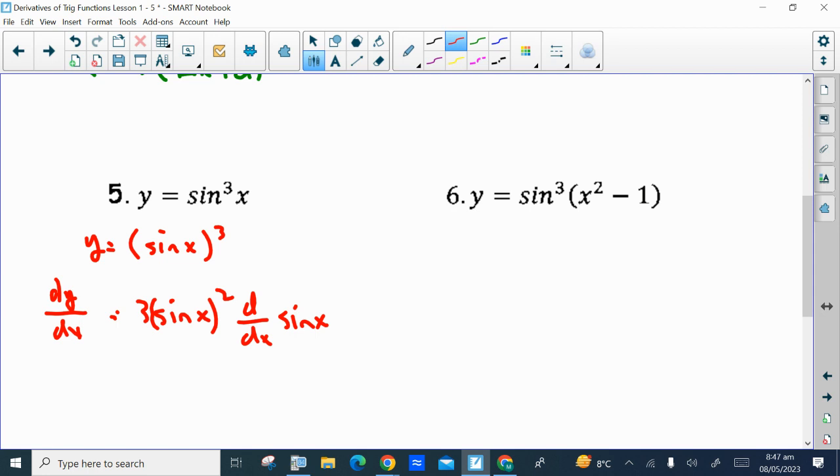And the derivative of sine, again, is cosine. So you're going to have 3 times the sine of x all squared, which we can write as sine squared x, times the derivative of sine x, which is cos x. So there's the value of that derivative.